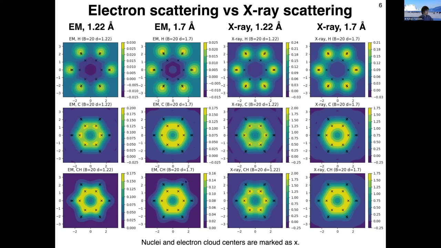And even at 1.7 angstrom, you can see the peak elongation due to the existence of hydrogen, because density contrast between different elements is smaller in EM than X-ray, so we can easily see light elements such as hydrogens in EM. So that's why we observed some hydrogen density at 1.7 angstrom resolution.